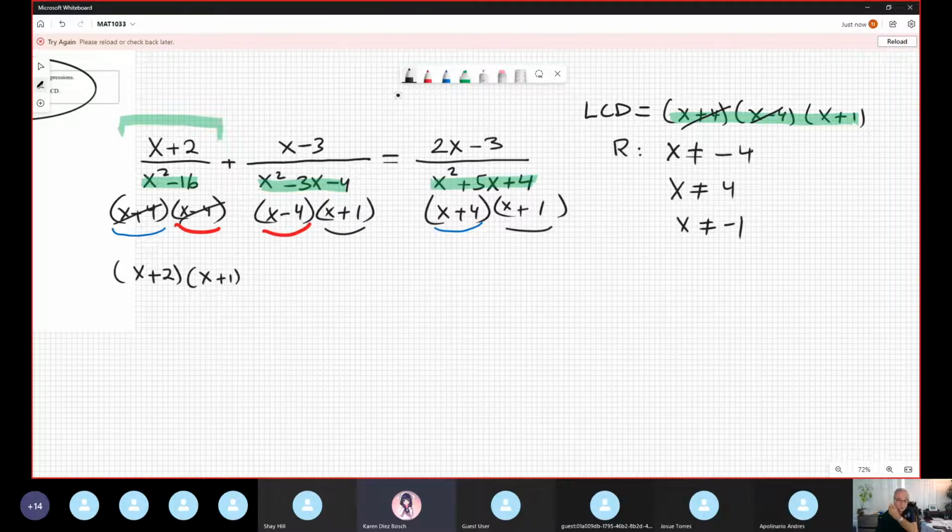Okay, not bad. Plus x minus 3 is the numerator of the second fraction. We are doing that part now. Multiplied by, I don't know, x minus 4 is cancelled, and x plus 1 is cancelled. Stay alive, x plus 4.